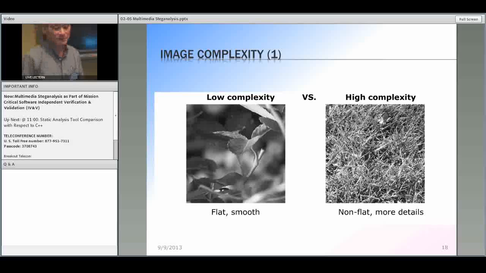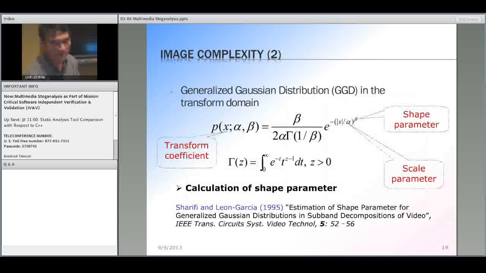the effectiveness of a detection algorithm, because image complexity is such that, for example, here, the image on the left is a lot simpler than the one on the right. That is formally described. You can see the shape parameter of the distribution of the coefficients in this image is much wider, right?